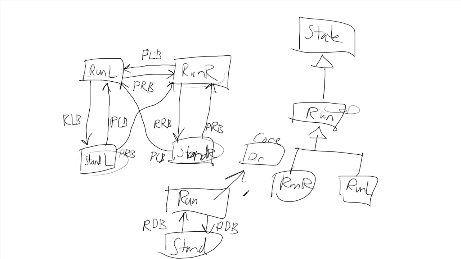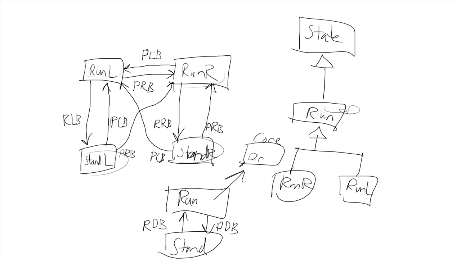So we're going to add a new variable to the core of our sprite to remember what direction we're facing. And that way we're not going to have to duplicate states for the right facing and left facing states of everything you're doing with a sprite: running, jumping, falling, everything. Because that would be a pain.